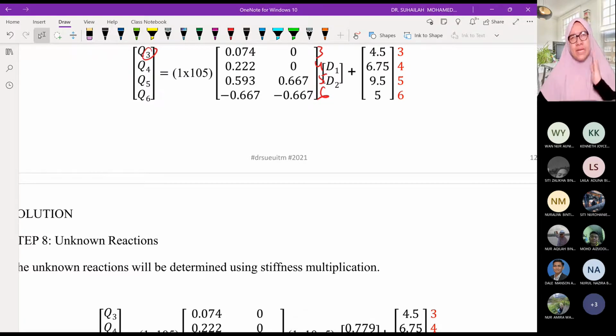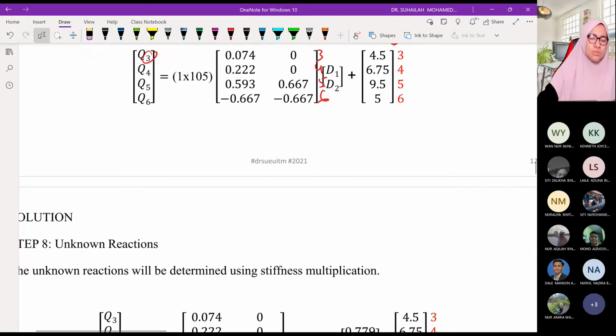Okay, if it is in X, not in X. If it is in Y component, it is vertical reaction. If it is in Z component, it is moment at support. Moment at fixed support. Okay.